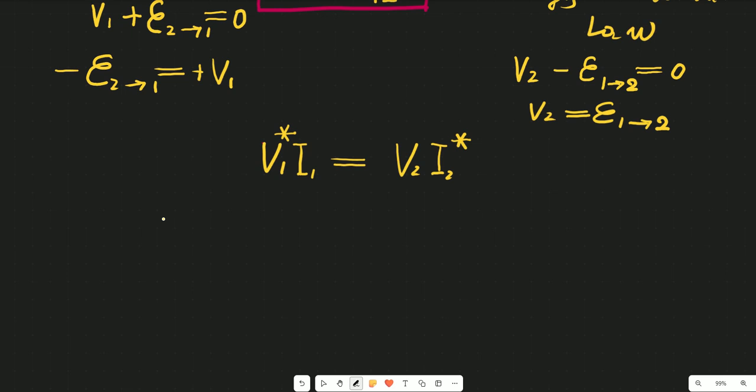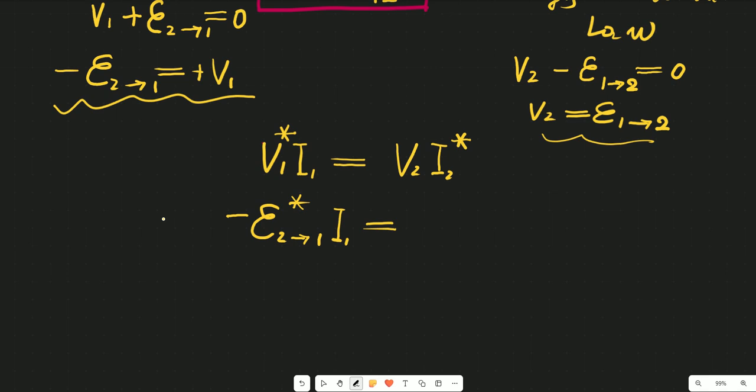We consider this formula and this formula, and then this become, consider, we use the, so we got this formula.